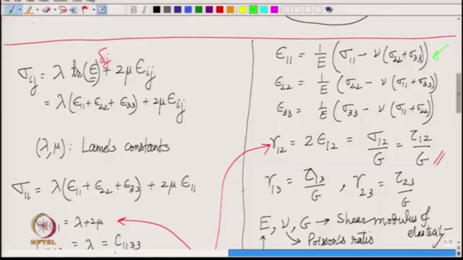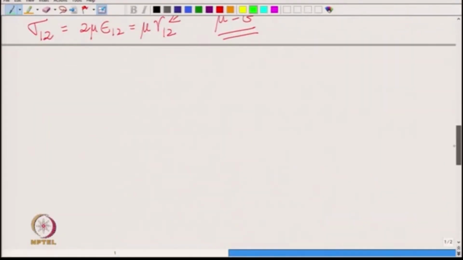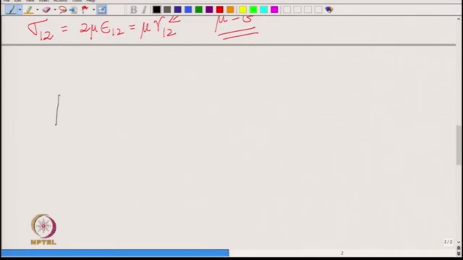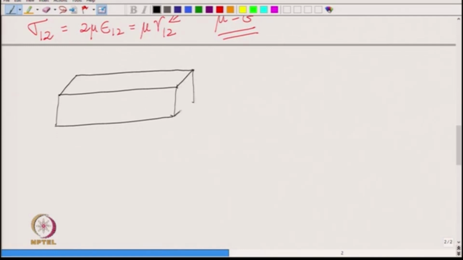So suppose that I am doing a very simple experiment, think of a very simple experiment. Suppose that you have got a rectangular beam, okay, and its length is L, the breadth is B and the height is H. Okay.